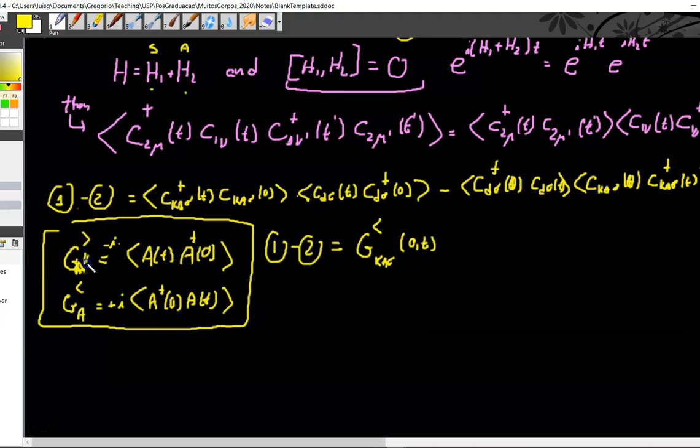This is the Green's functions at t0. So t, that's the one that has the time dependence on the non-dagger operator, is what sets t. So this is 0t, not t0, while this one is going to be t0, right?